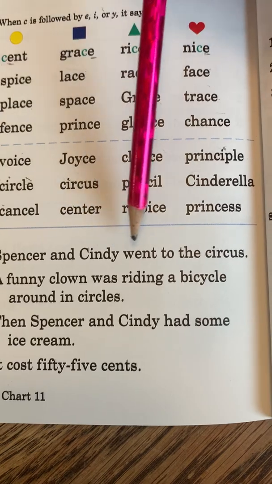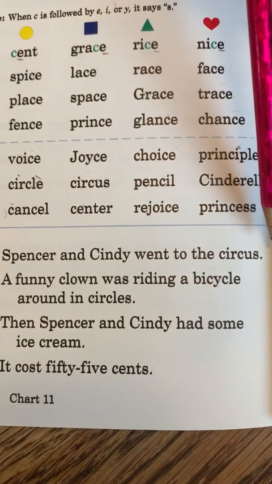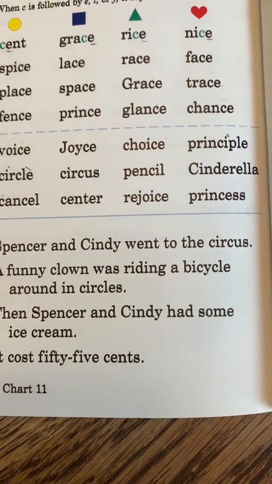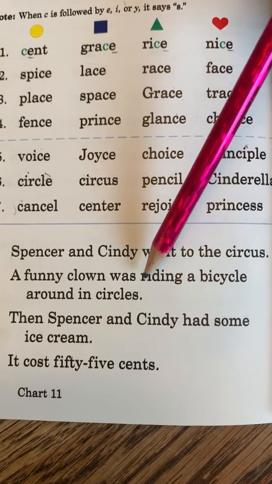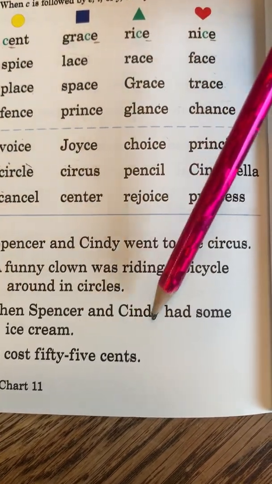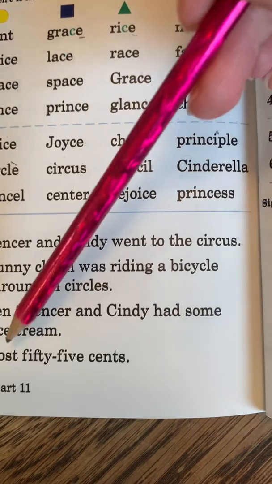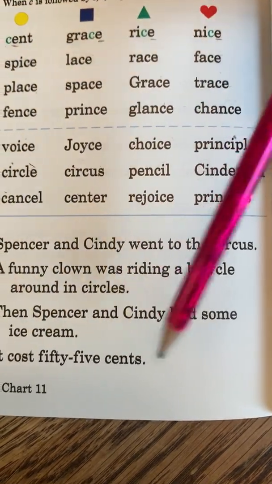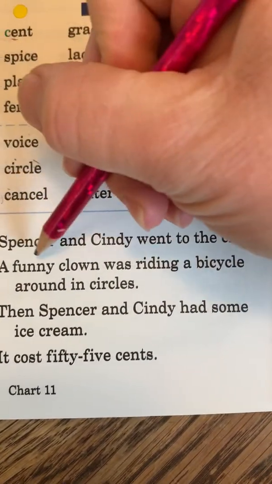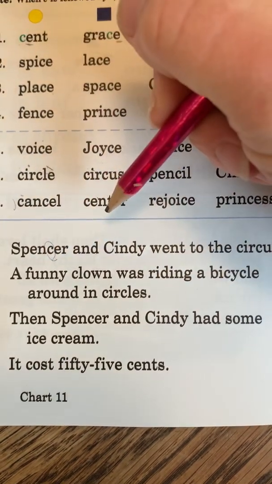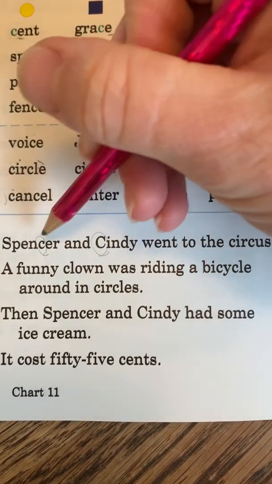And here's some examples in sentences. Spencer and Cindy went to the circus. A funny clown was riding a bicycle around in circles. Then Spencer and Cindy had some ice cream. It cost 55 cents. And I'm going to go through and circle every soft C that I see.